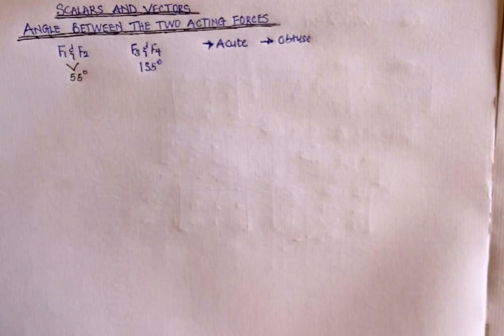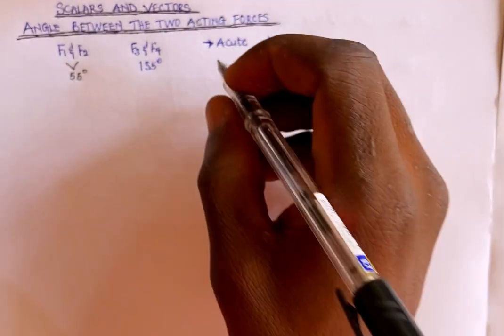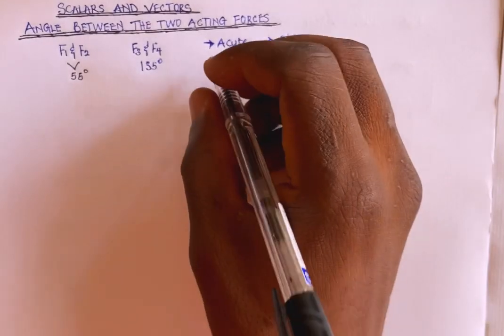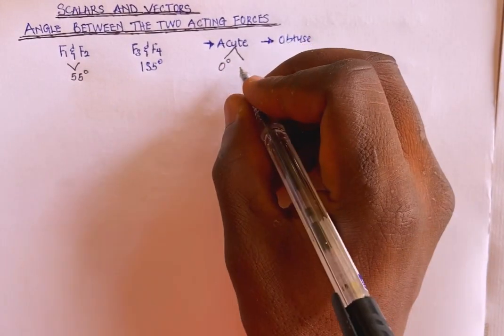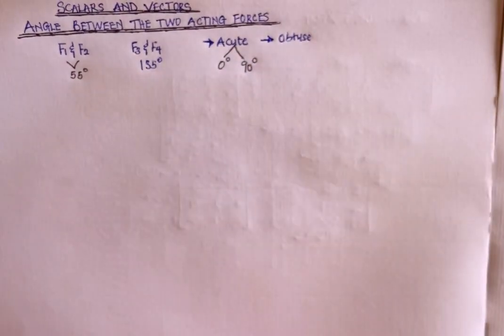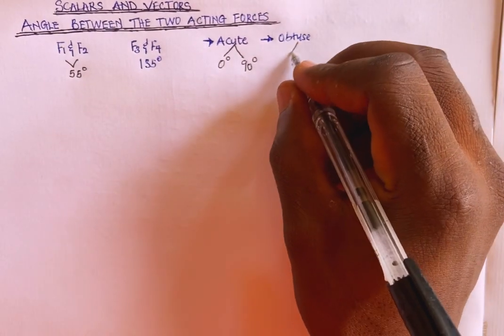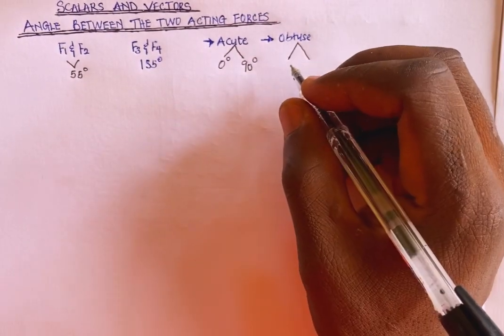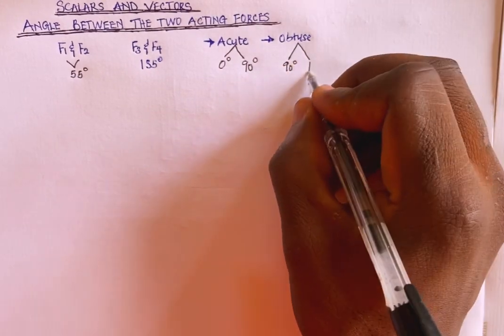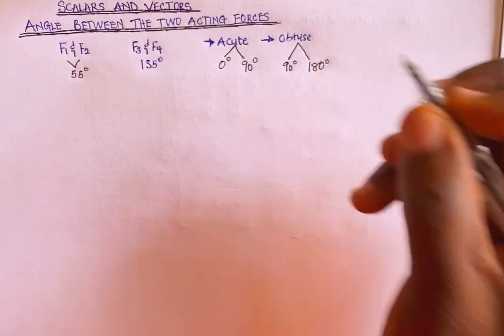Acute angles are between 0 degree and 90 degree. But if you are talking about obtuse angle, they are between 90 degree and 180 degree.